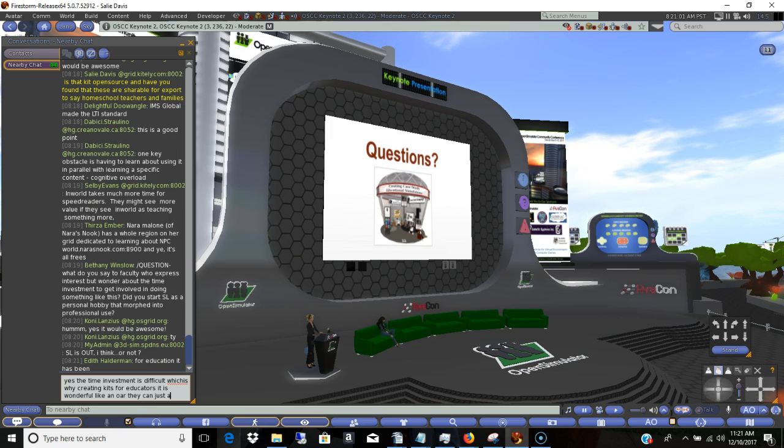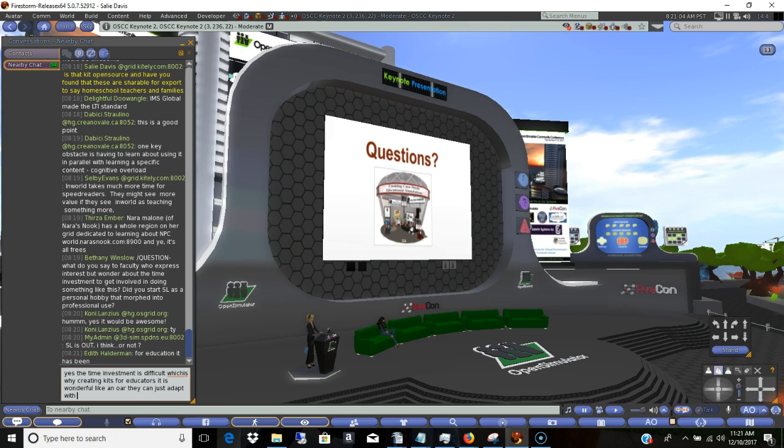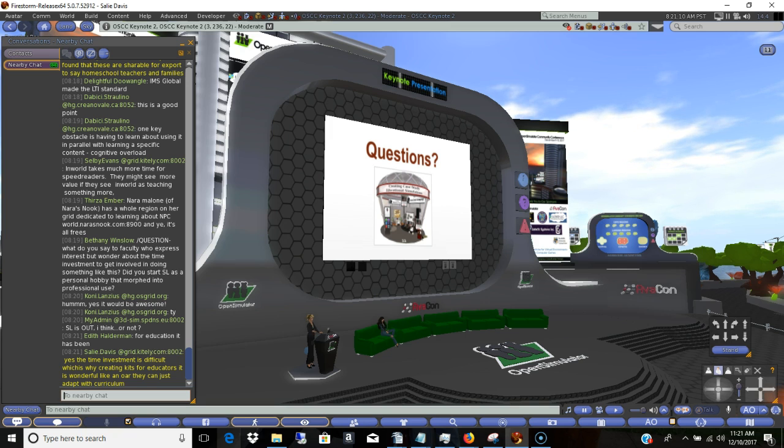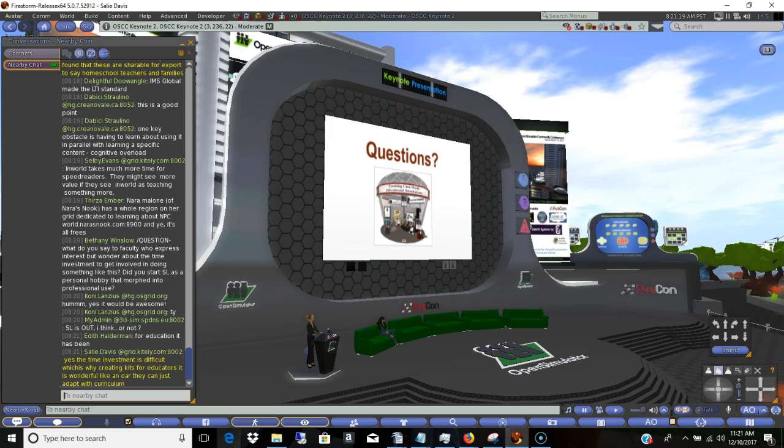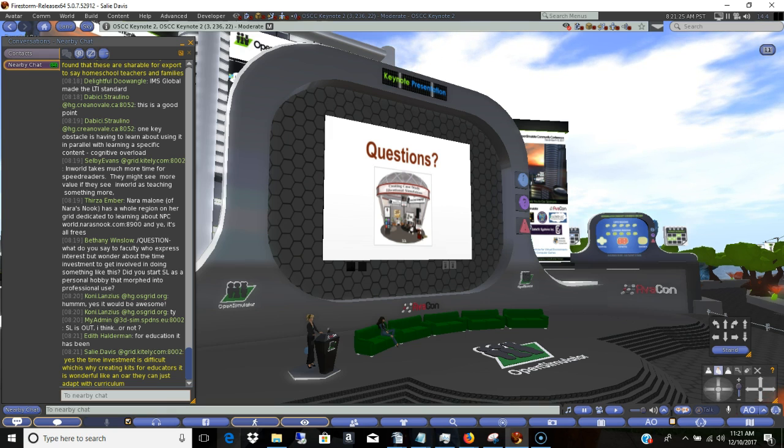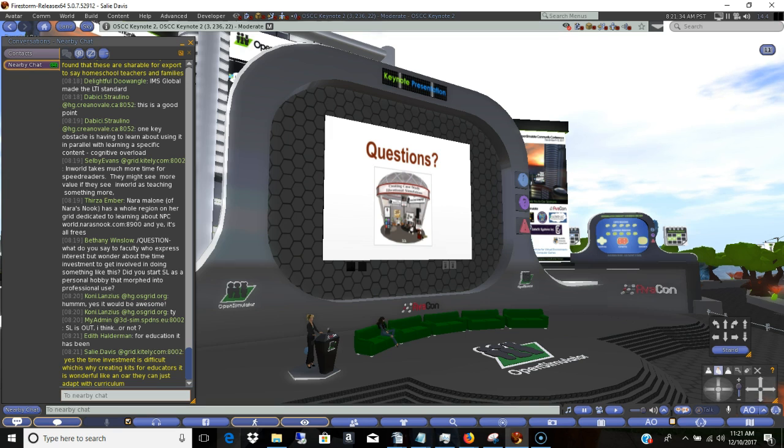I'm not sure if they're exportable because I had a hard time finding one that I could put out for folks to grab. But the Creative Commons license, or whatever license it's being issued on, should be in the box. And you can IM Nora Malone or Nora Nook directly as well to find out. But the thing about Creative Commons licenses, I guess everybody knows this, is that while you can use it for your own nonprofit use, in general, if you're talking about exporting it for something that you're going to sell, that's a different matter altogether.